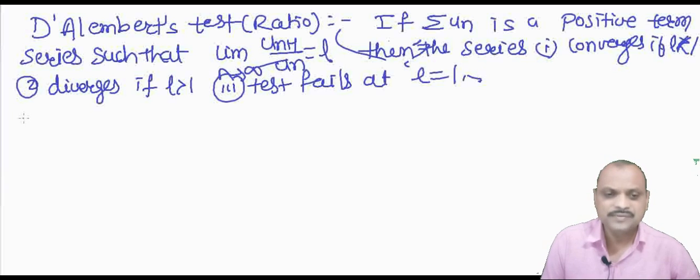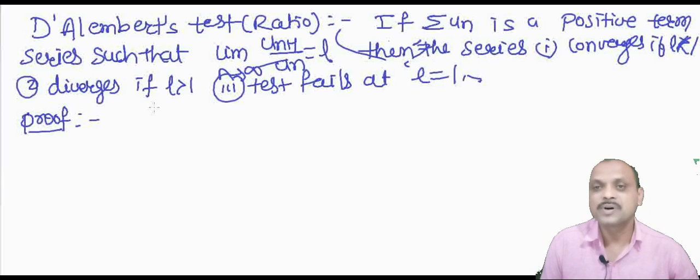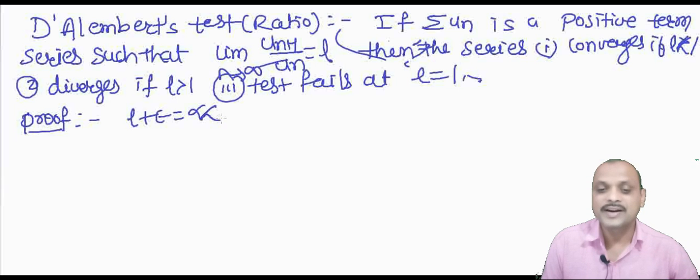The proof is very similar to Cauchy's test. If you know the very simple proof of Cauchy, then you can easily apply that to prove the D'Alembert ratio test. So similar to that, here we choose L plus epsilon equal to alpha, and let us choose it as less than 1.